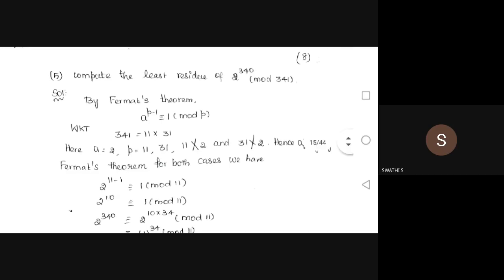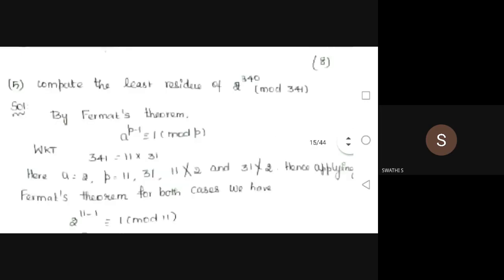In the solution, first write down Fermat's Little theorem: a power p minus 1 is congruent to 1 mod p, the condition being that p does not divide a. Here 341 is the product of 11 and 31, two distinct primes.